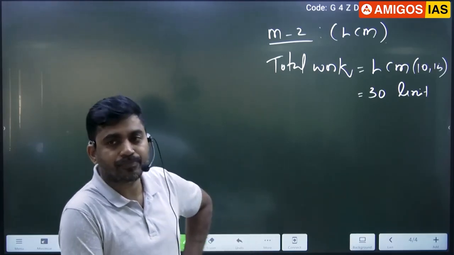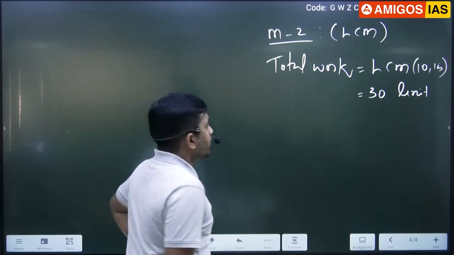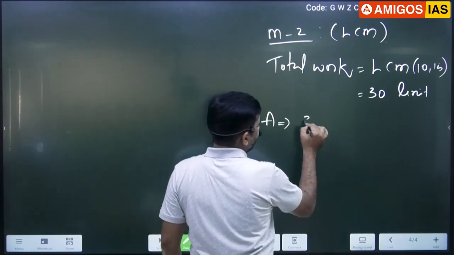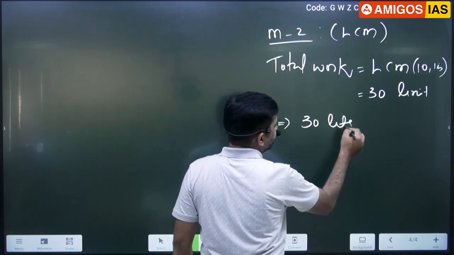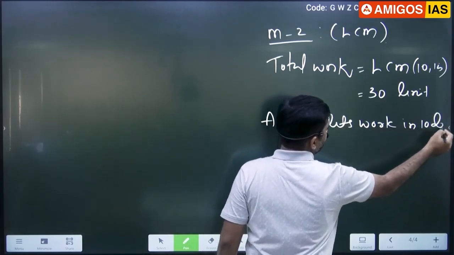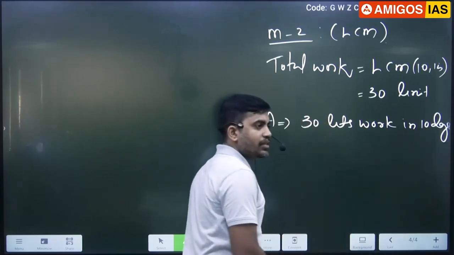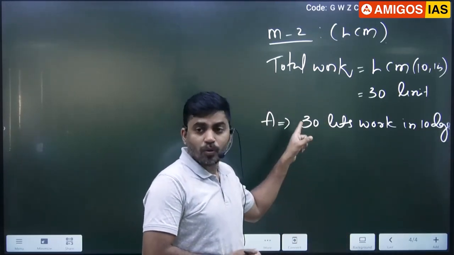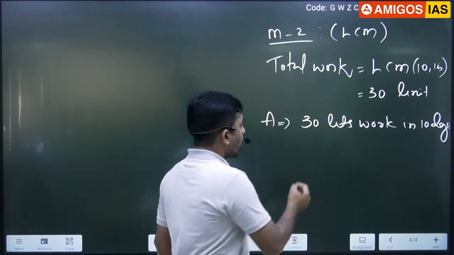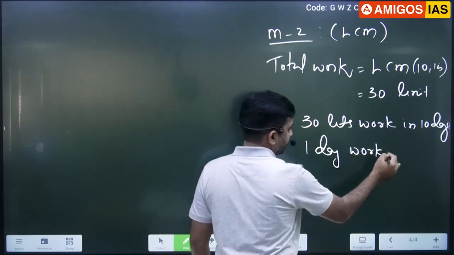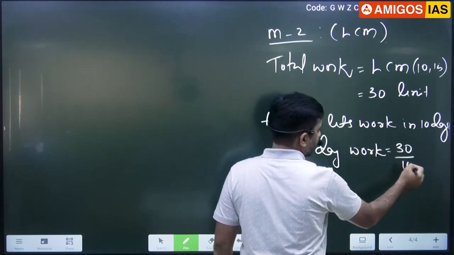So A is doing 30 units of work in how many days? 10 days. He is completing total work in 10 days according to the question. So what is 1 day work? 30 by 10.